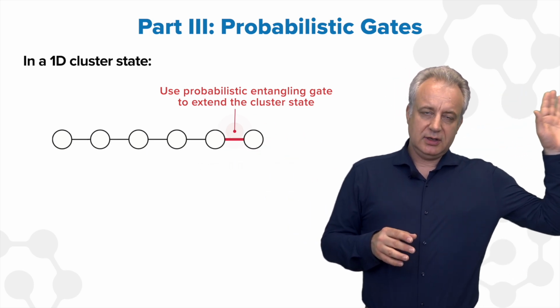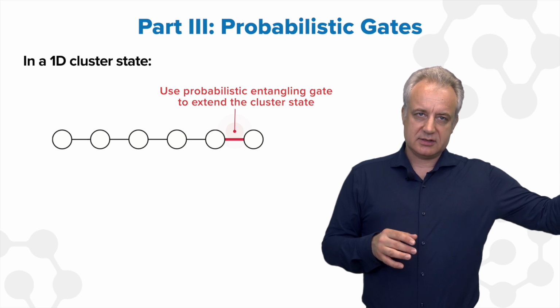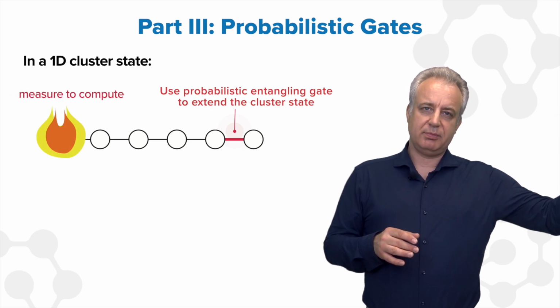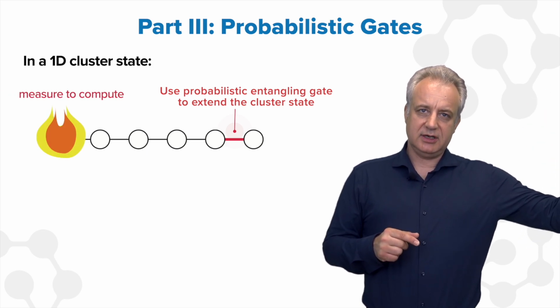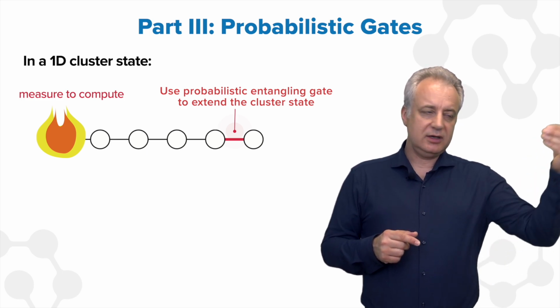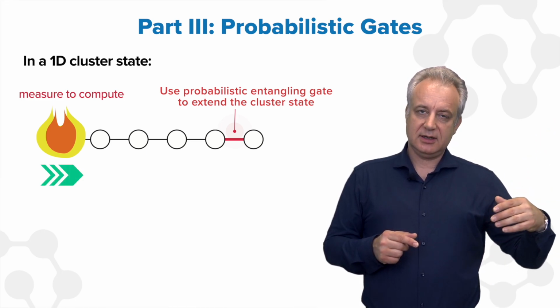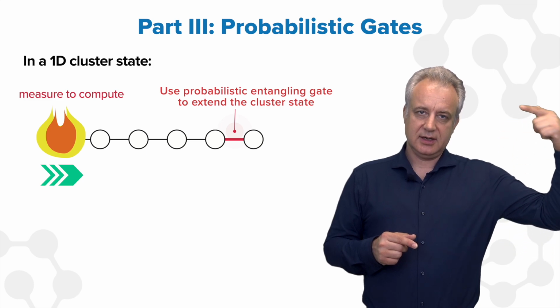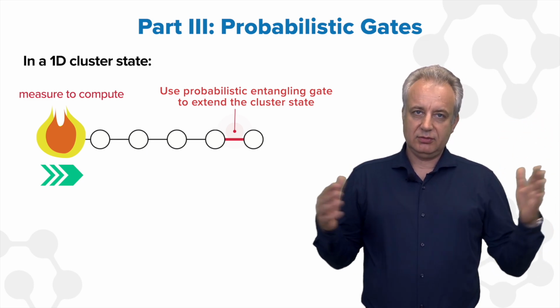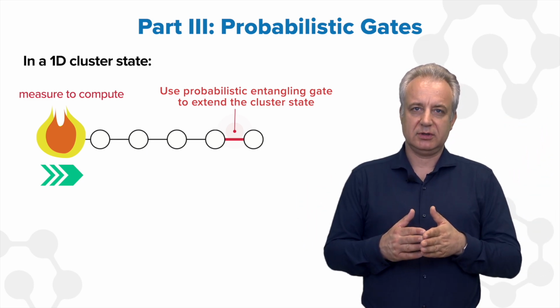So now to the other end of the cluster state. This is where the measurements happen that drive the computation. So there you are reducing the cluster state again, but you are processing the quantum information. You are driving your computation forward.